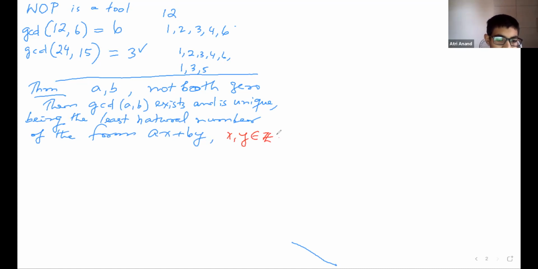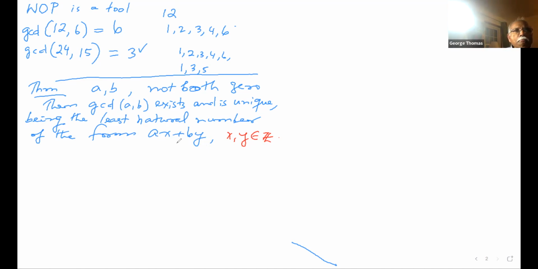Isn't it the greatest? Yes, that's a very good observation. The greatest common divisor happens to be the smallest natural number of this form itself. That's amazing.